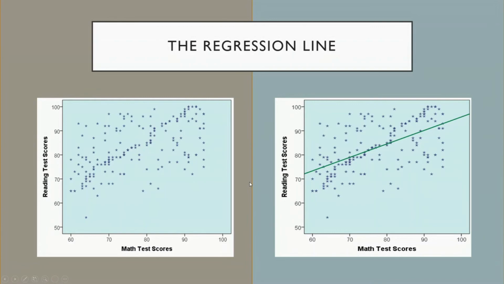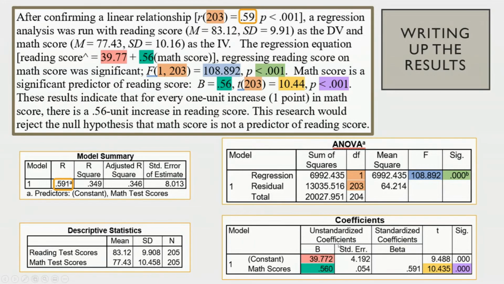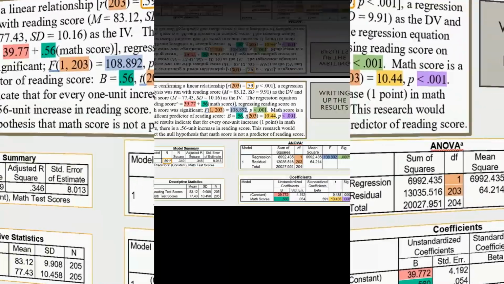And that is what we see when we look at our constant, 39.7. That's where that line would have crossed had it gone all the way to 0. So the constant is the value of y if x is 0.